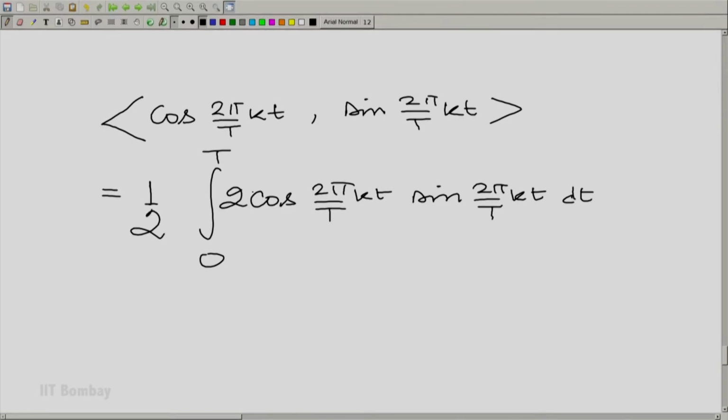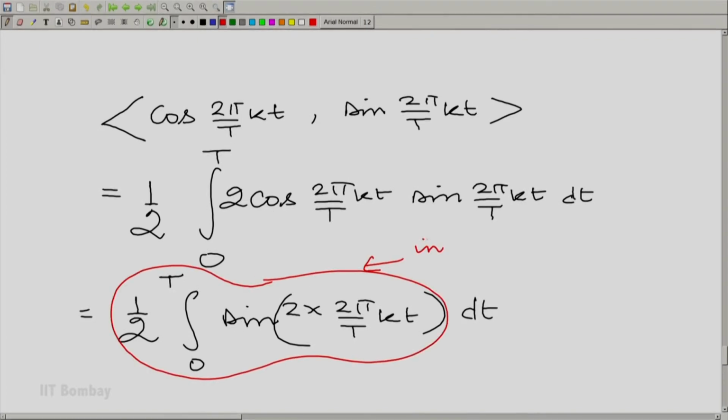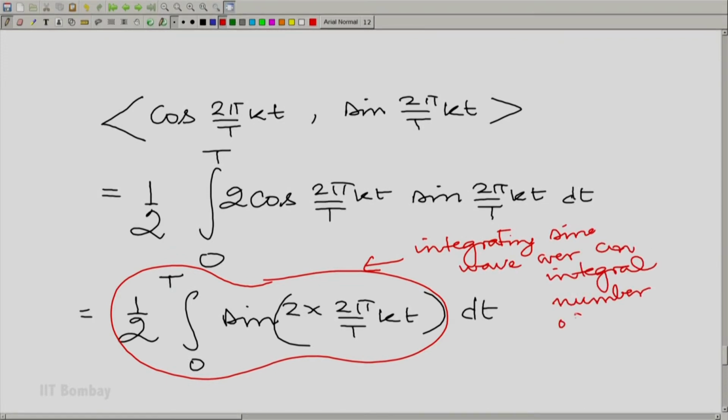Now, all that I need to do is to notice that I can put a half outside and a 2 inside, and this is simply the integral of a sinusoid over a finite number of complete cycles. So, here again we can use the same argument. We are integrating this sinusoid over an integral number of cycles, and so the integral has to be 0, and therefore the cosine and the sine components at that frequency are also perpendicular to one another.